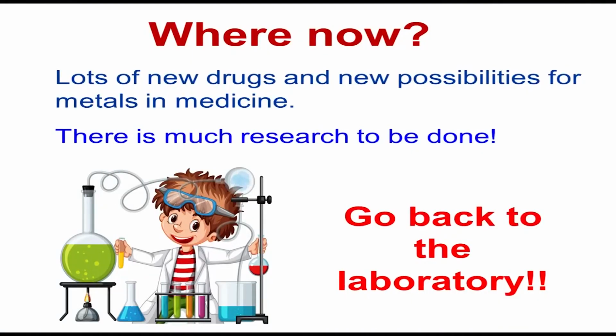So, where are we going now? Lots of new drugs and new possibilities for metals in medicines. There is much research to be done. We need to find anti-cancer drugs with less toxicity, less side effects, and then it would be actually very useful for its applications.